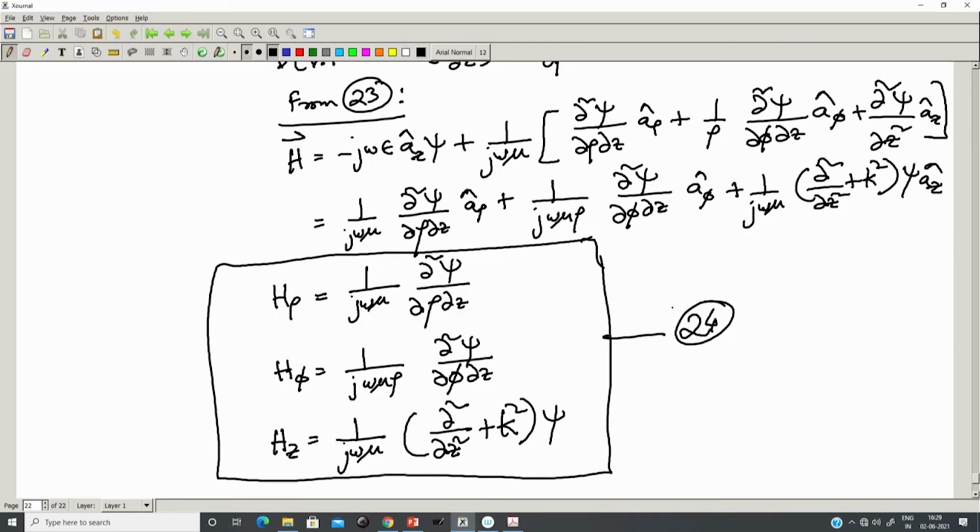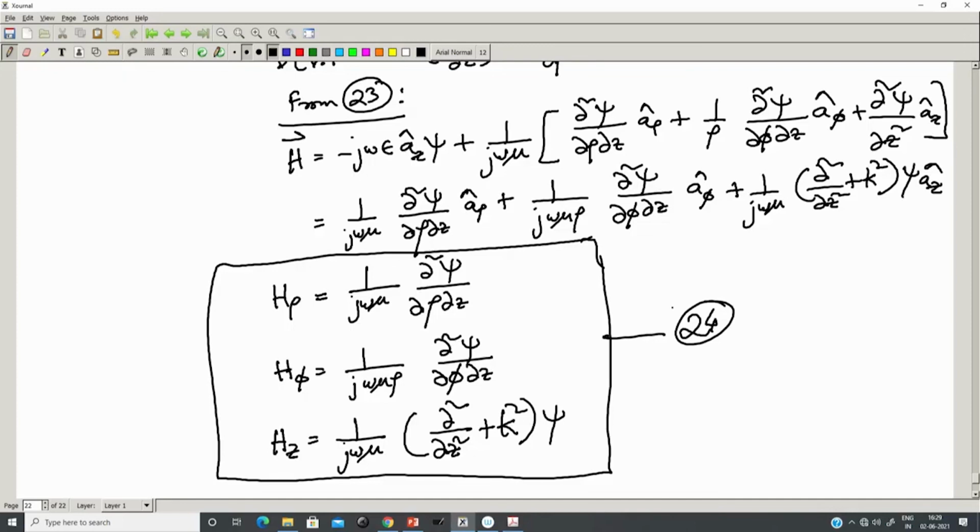An arbitrary field, one which has both an Ez and an Hz, can be expressed as a superimposition of the TE to Z and the TM to Z fields, just like in the rectangular coordinate system.